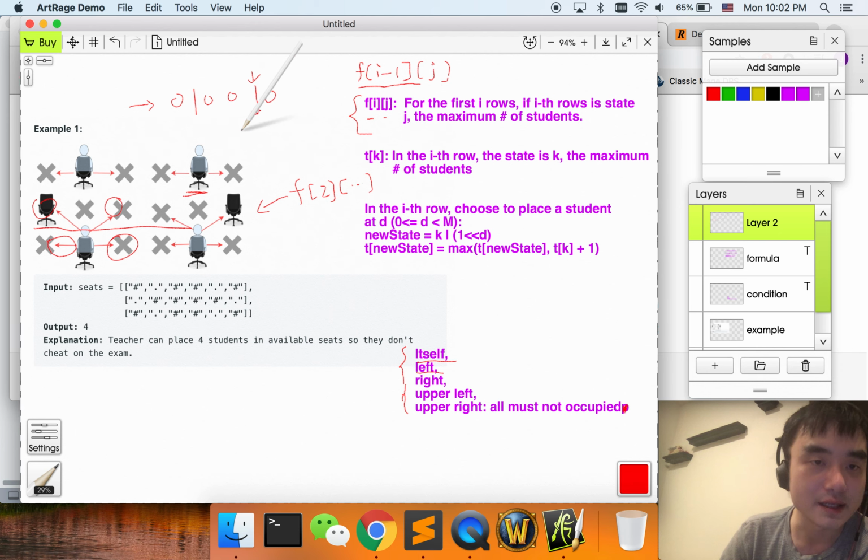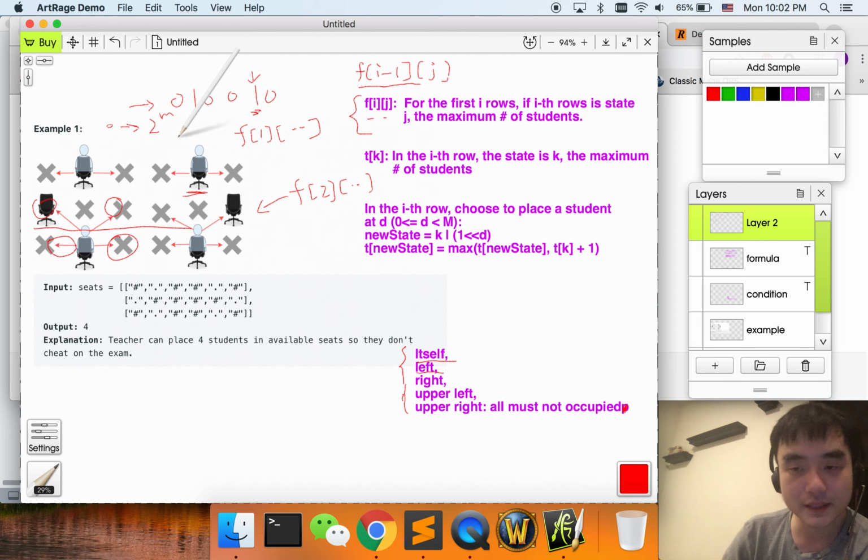That means we already calculated the F1 values in the first row. So we are going to iterate all of the F1 states, from 0 to 2 to the power of n. We are going to iterate all of them.